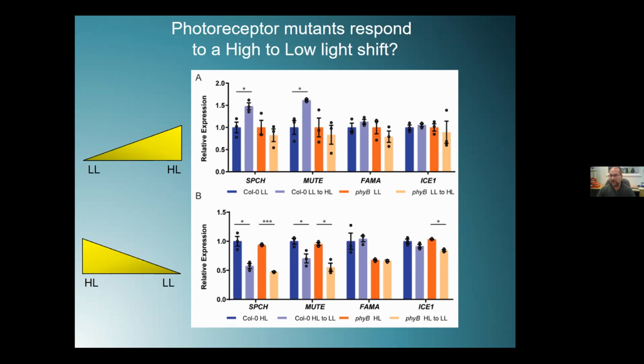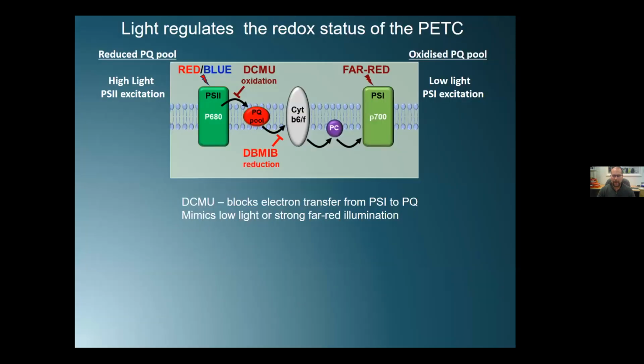Now in Sheffield, there's a strong photosynthetic community. And so this got us thinking about photosynthesis and in particular, the light reactions of photosynthesis. So here I've just given a schematic of the photosystems in the chloroplast, photosystem 2 and photosystem 1, and the electron transport chain.